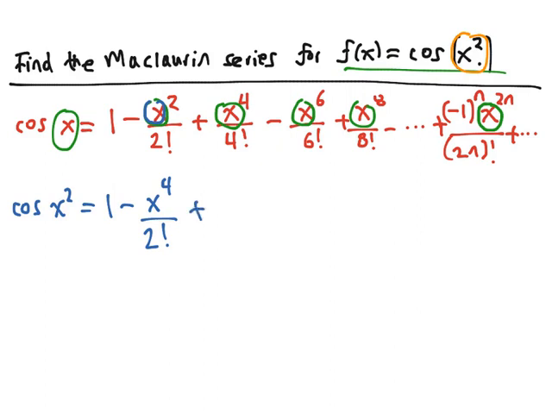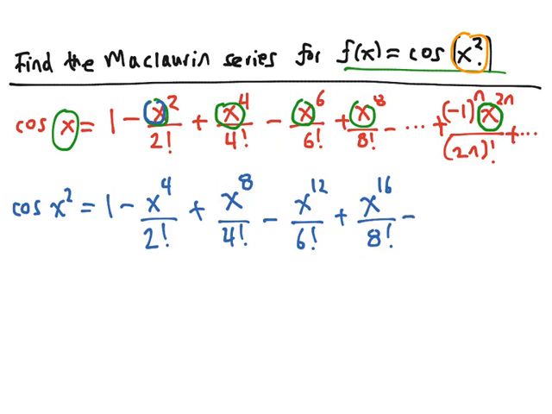And then we have plus x squared to the fourth, that would be x to the eighth over 4 factorial, minus x squared to the sixth, that would be x to the 12th over 6 factorial, plus x squared to the eighth, that would be x to the 16th over 8 factorial, and so on. And for the nth term, you're going to have x squared to the 2n.